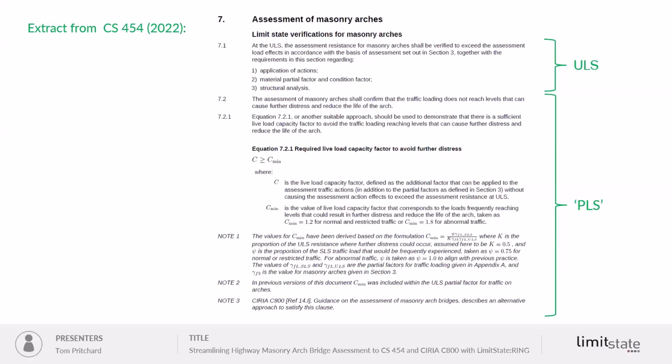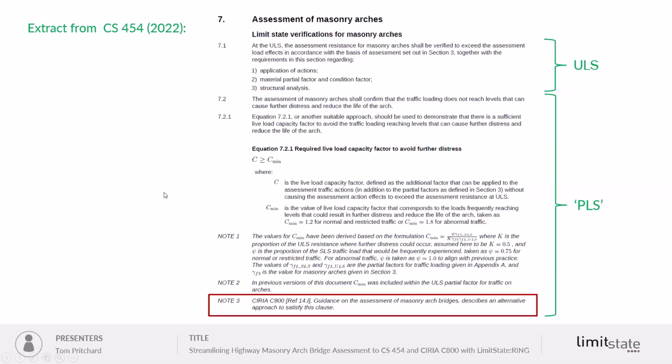However, in time, it became clear that a one-size-fits-all approach like this, where we're effectively taking a ULS analysis, working out what our factor of safety is there, and just dividing it by a blanket number, is not necessarily the best approach. So the latest revision of CS454 added this ability to adopt the service load approach from C800 instead.